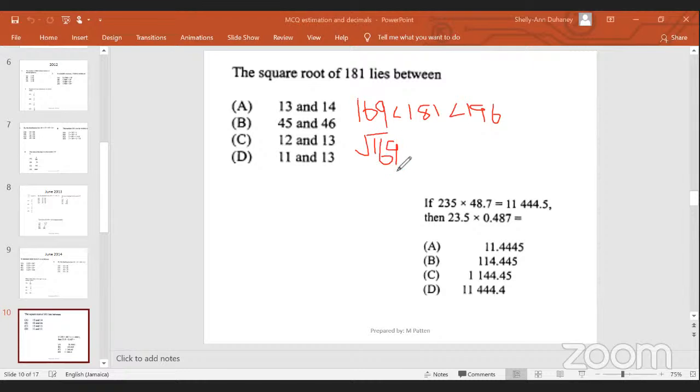All right, the question says we're supposed to find the two square numbers that 181 lies between. So we have this big number, 181. Give me some square numbers that may be close to 181. 170? 179?